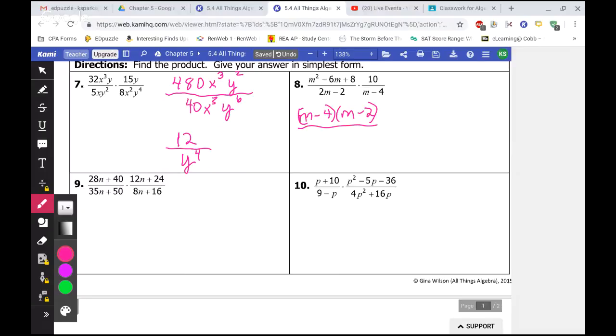And this down here on the denominator factors to give me m minus 1, and then 10 times m minus 4. So you look for those things that can cancel, diagonally or vertically.